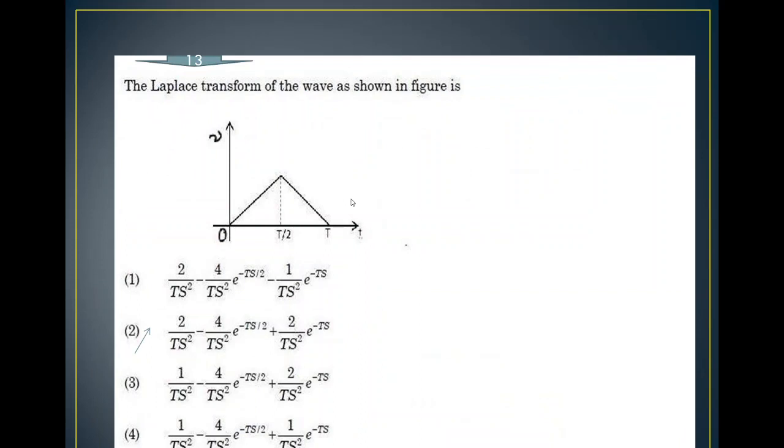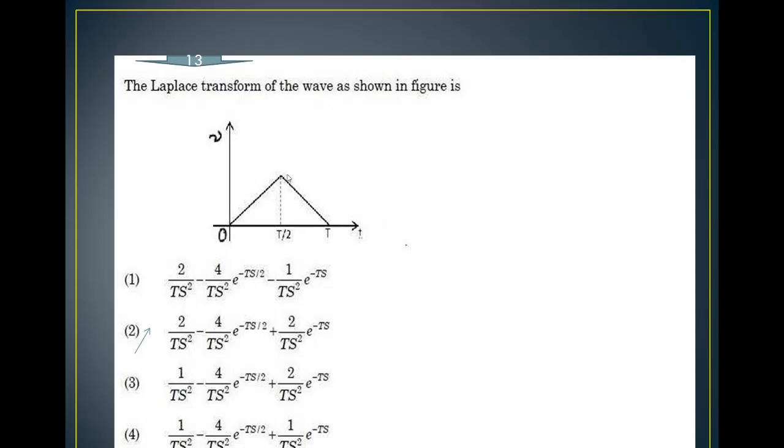You can see a Laplace question, the Laplace transform of the wave as shown in the figure. You can see the figure, frequency along the y-axis and the time period along the x-axis. So in this case, you can solve very simply, taking the coordinate points here 0 0 and here let's say 2, and then this here.